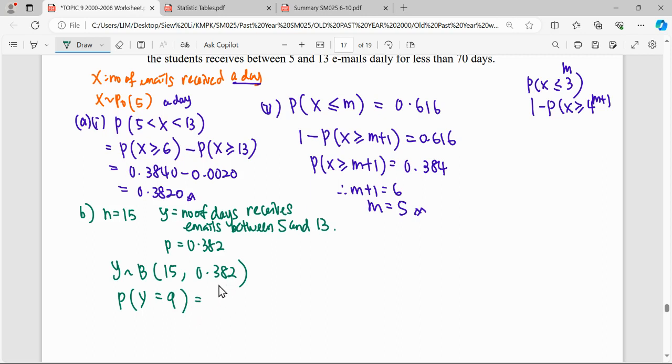In binomial, we can use the formula 15C9, then 0.382 power 9, and Q will be 1 minus 0.382, which is 0.618.